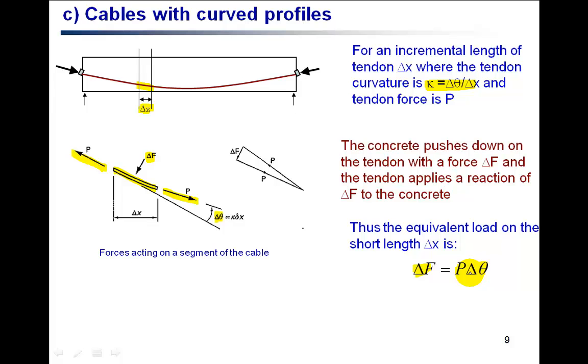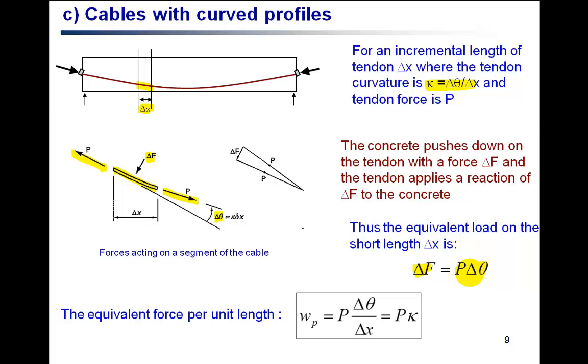So this force will be acting on the concrete from the pre-stressing tendon of delta X length. So the equivalent force per unit length due to this pre-stressing on the concrete, WP, is given by P delta theta over the length delta X.